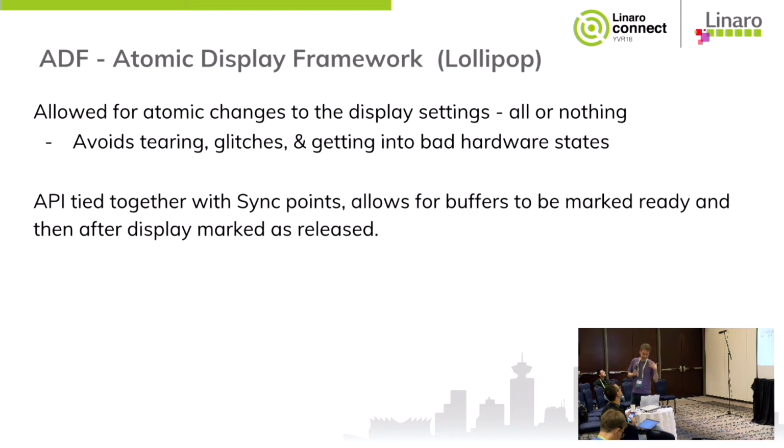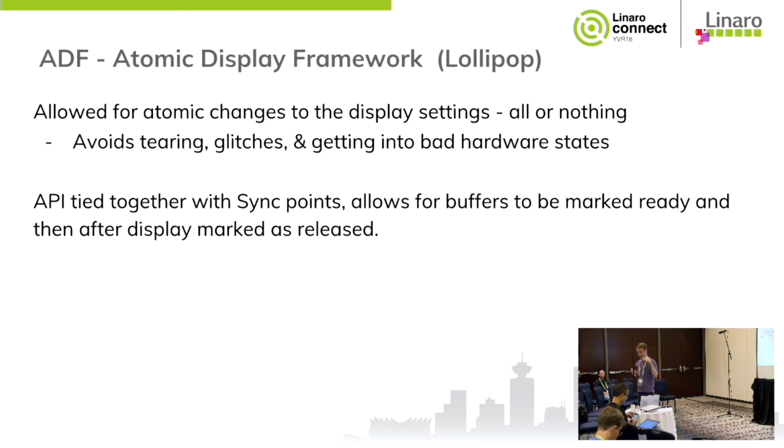The next step in Android graphics history was the atomic display framework that showed up with Lollipop. This is really nice because it provided all-or-nothing configuration changes to the display controller. It avoids tearing and glitches, but more importantly also avoids getting into bad hardware states, because sometimes you can lock up hardware if you set up the wrong things.